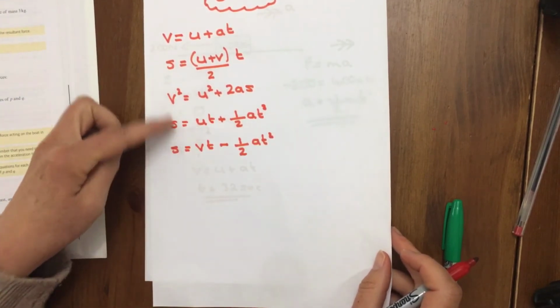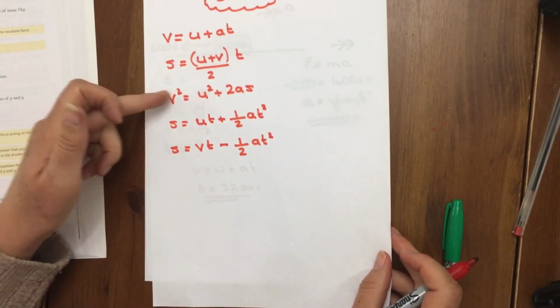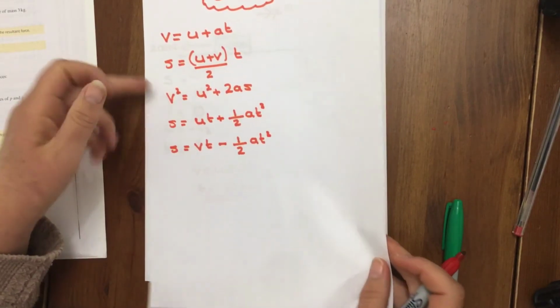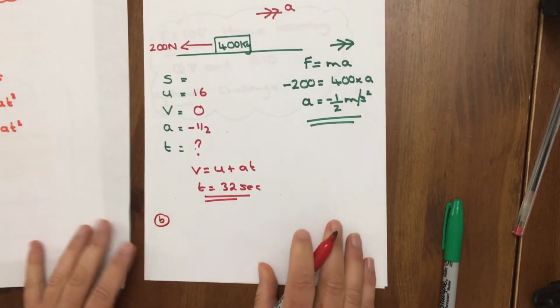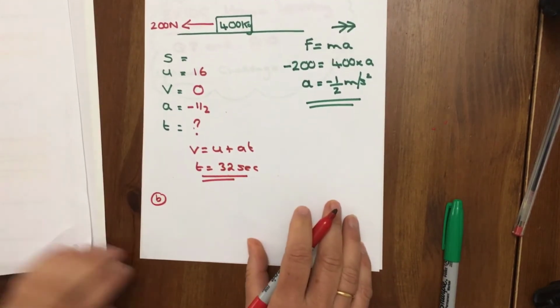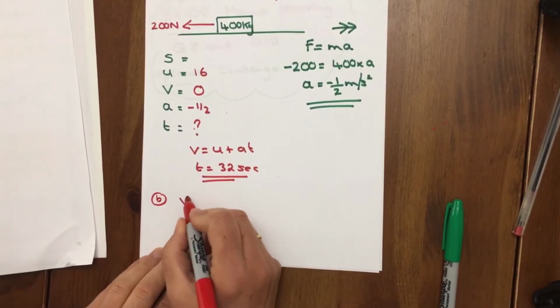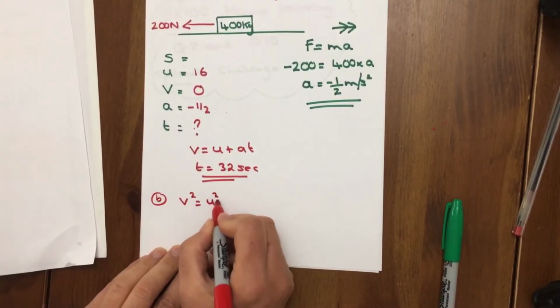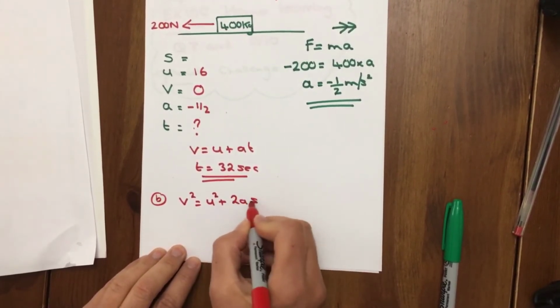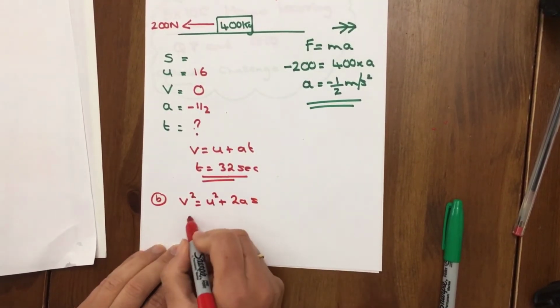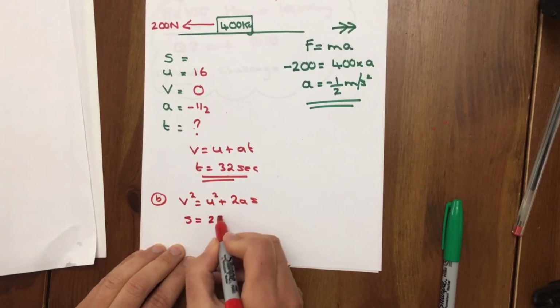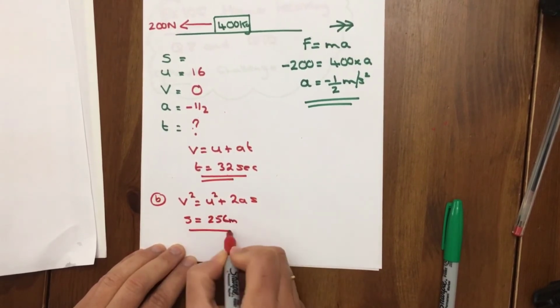I'm going to use the one without T in, just in case I worked out my T wrong. So the formula I'm going to use is this, the kinematic formula. I put all of my values in, and you will get S to be 256 meters.